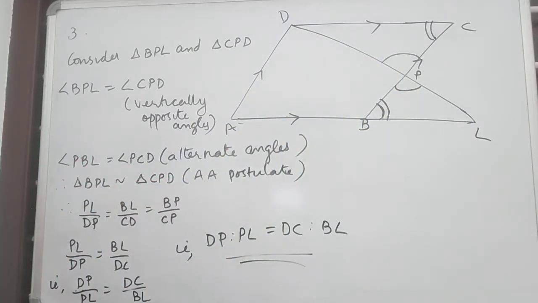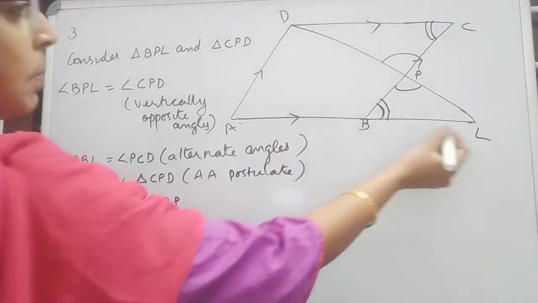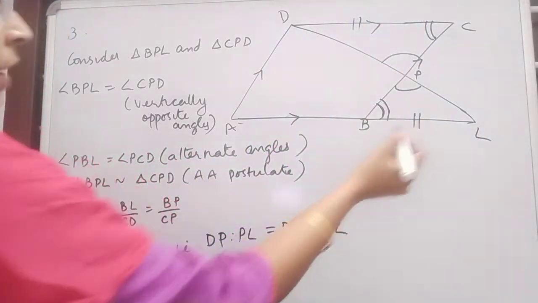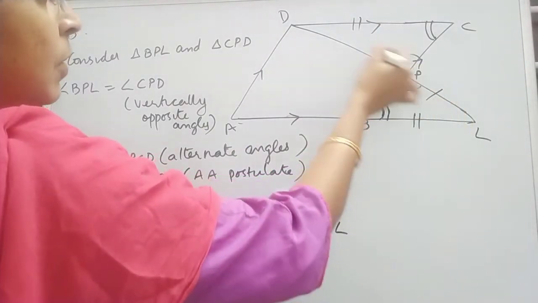So how can we write PL divided by DP is equal to what? BL, this side, BL divided by DC. I will mark two lines here, and for this I will mark one line.